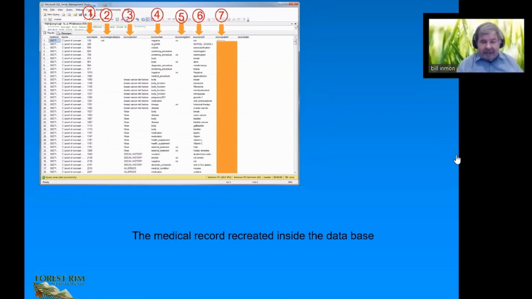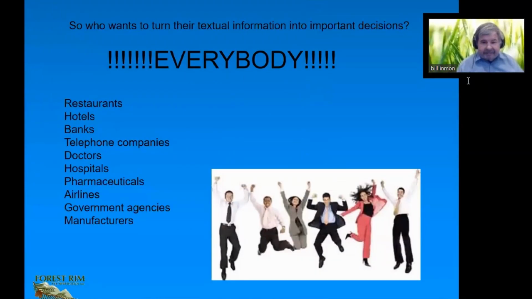Once you put your medical record into the form of a database, now you can easily look at 100,000 records or even 1 million records. Something that you can't do when you are looking at a handful of records and having to read them manually.